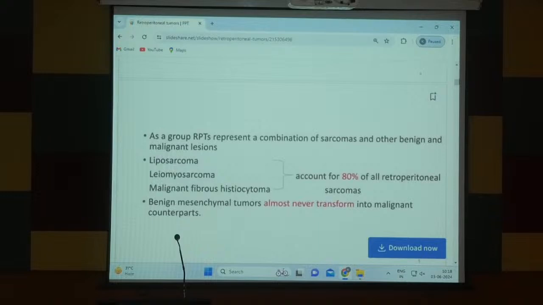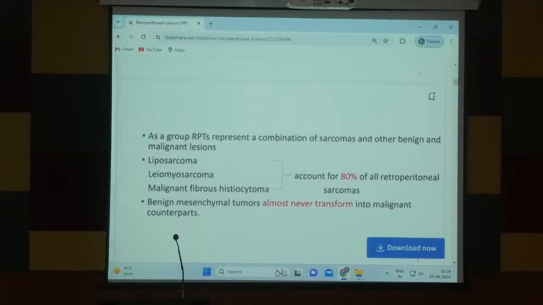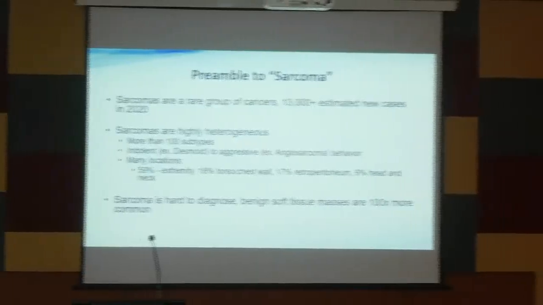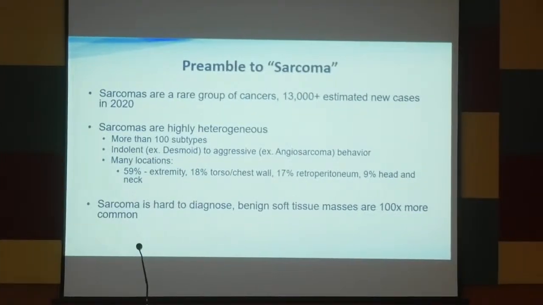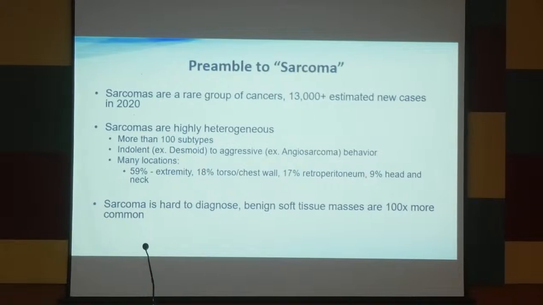Important take home message: benign tumors usually never turn to malignancy. 80% are almost these three, but with recent advances they have changed. How will you look at sarcoma? Sarcomas are a rare group of cancers, an estimated 13,000 new cases, highly heterogeneous, with 100 subtypes.